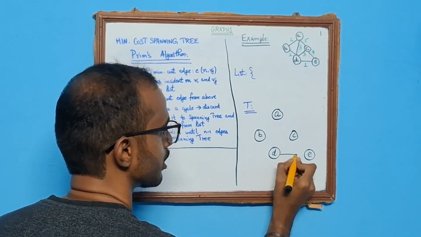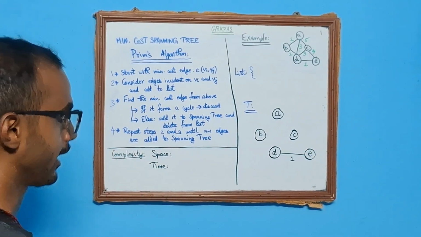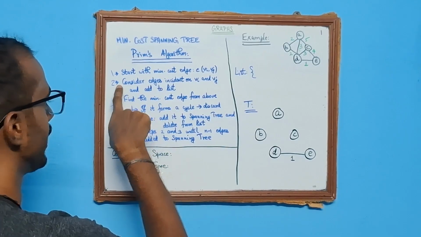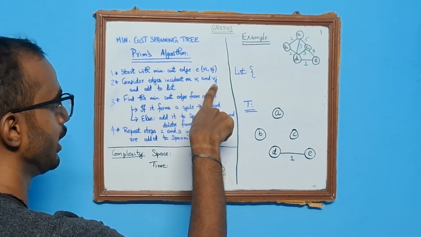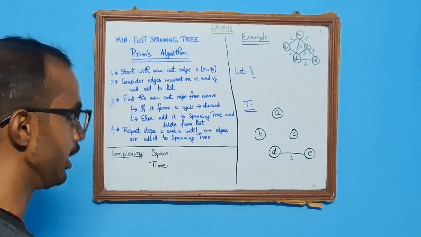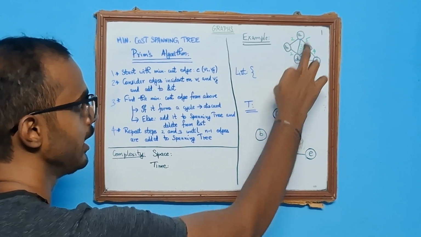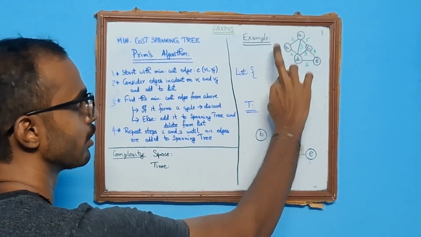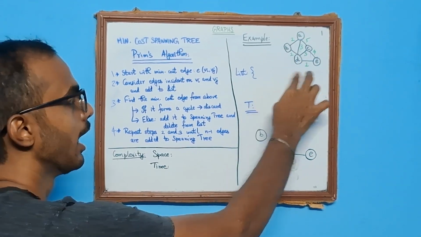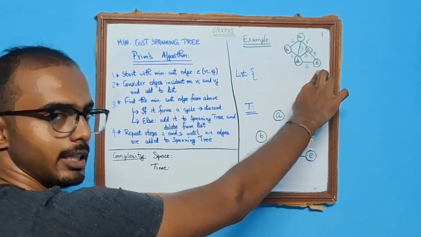I'll add this and put the cost as 1 here. Next we do the second step: consider edges incident on Vi, Vj. Now for D comma E, I've considered the edge DE. The edges incident on D are BD, AB, CD and EC. So there are 4 edges, right? And on E there are only 2 edges, DE and then CE.